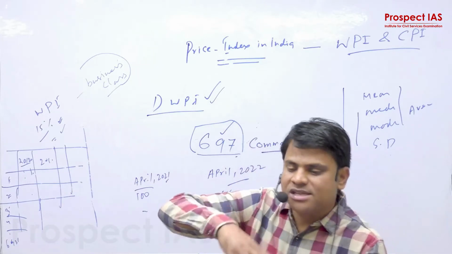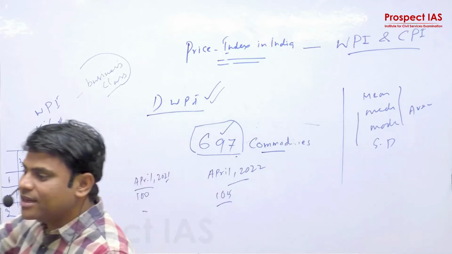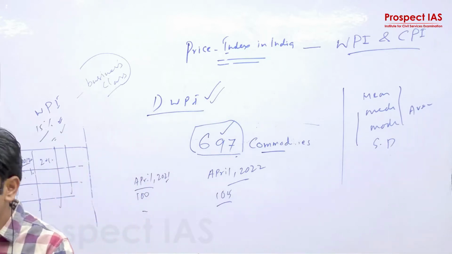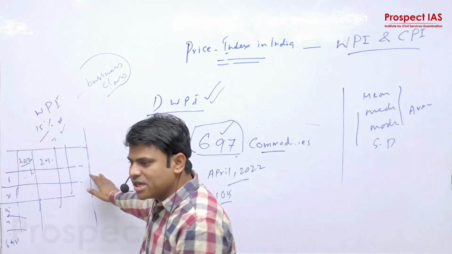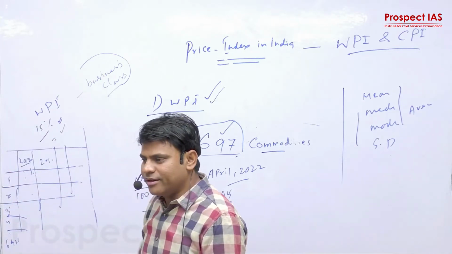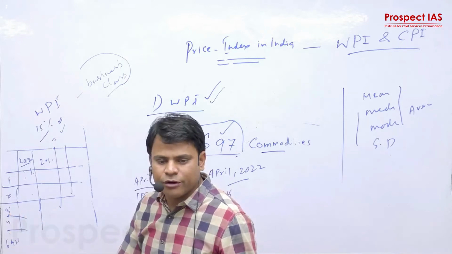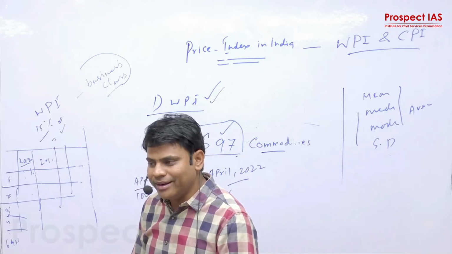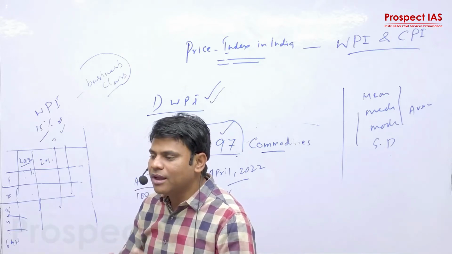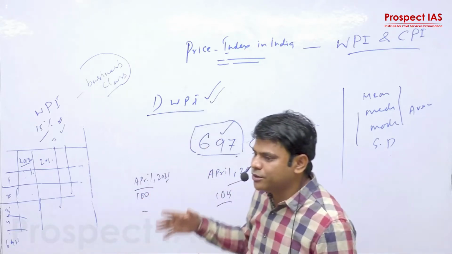So first we construct the price index, and in the construction of the price index, what we have to do is record the prices of each and every article sold in the wholesale market every month and every year, so that we have a big picture of the trend of prices, whether prices are increasing or on the decline. But if we want to know the exact rate of inflation, we'll have to use this formula.